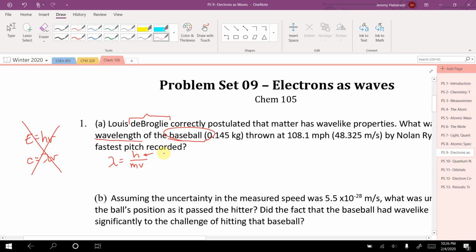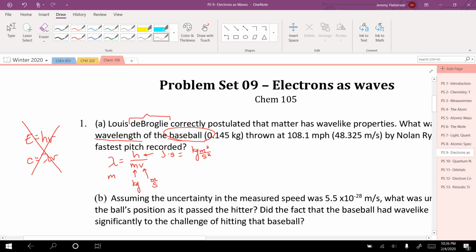Planck's constant is in joules times seconds, and joules is the same as kilogram meter squared per second squared, so we need to make sure that our mass is in units of kilograms. Velocity then is meters per second, and the units cancel out such that we end up with a wavelength in units of meters, which is what we're looking for.